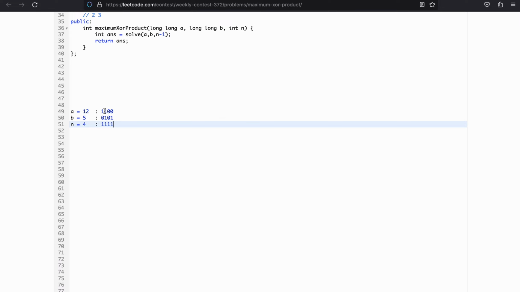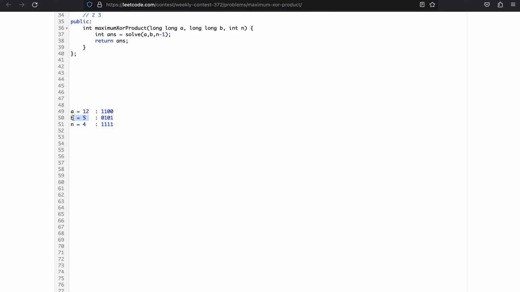So we try to maximize whichever of a and b is minimum. Here 5 is minimum, so first we set the 0th bit. Here the last bit is 1 and here the last bit is 0, so the bits are different. So we update the bits of the one which has the minimum value.